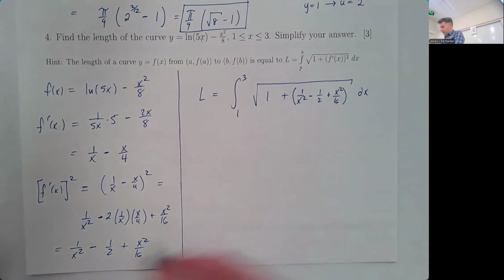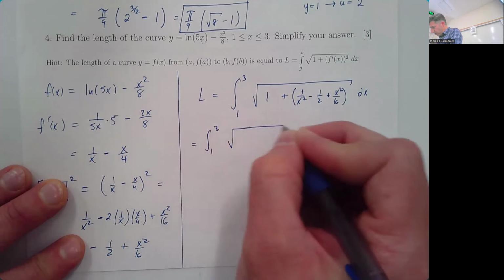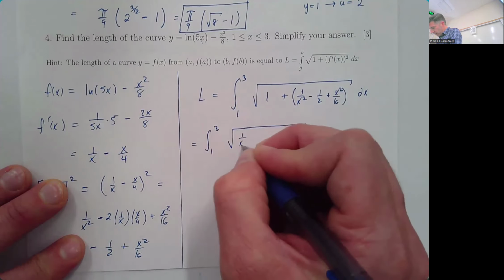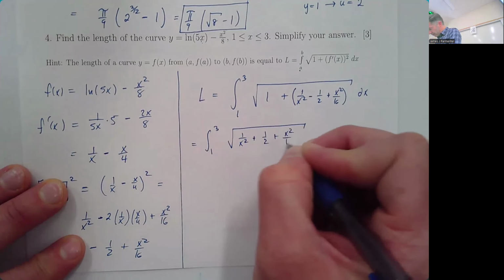But then that's going to equal the integral from 1 to 3 of the square root of 1 over x squared plus 1/2 plus x squared over 16.